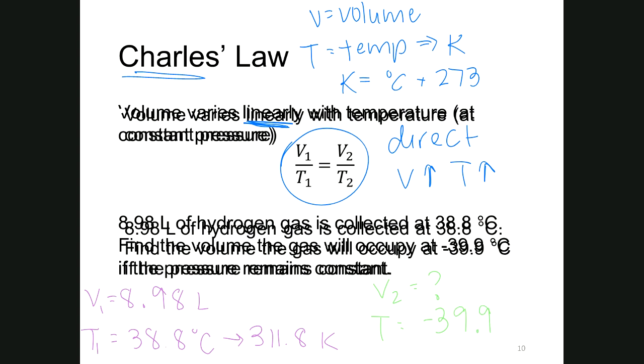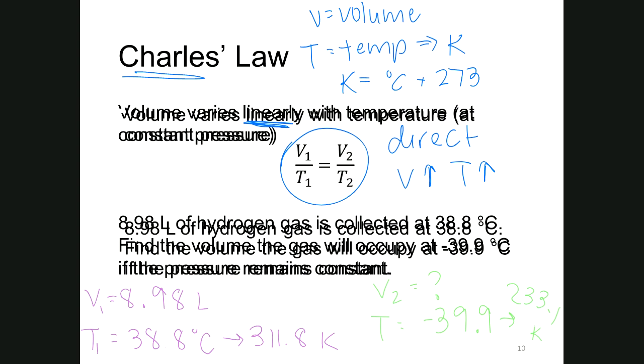So again, we're going to add 273 to that. So negative 39.9 plus 273 gives us 233.1 Kelvin.